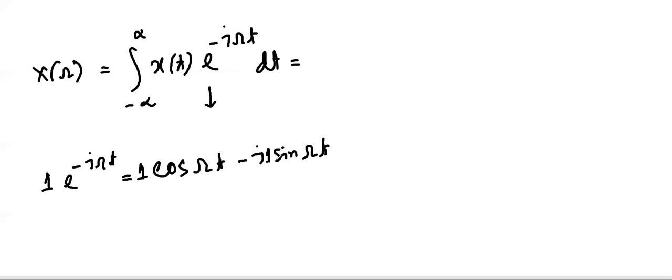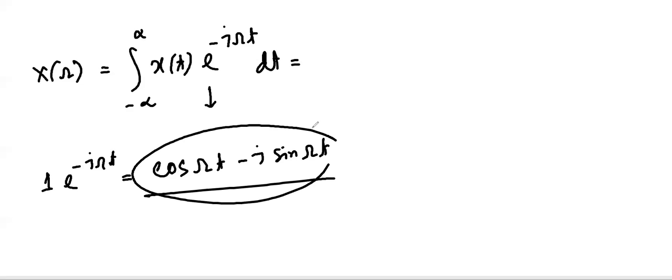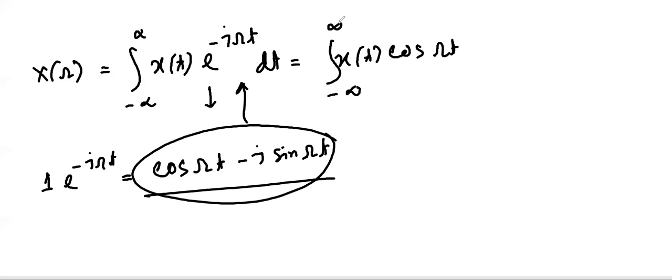Here the amplitude is 1, so we do not need to write it there. We need to understand it by graphical representation. First of all, by mathematical terms, we can elaborate those things, and then after graphical representation, we want to understand this part. So if I put this term over there, replacing the exponential term, we can write it this way: x(t) cos omega t, integrated from minus infinity to plus infinity.